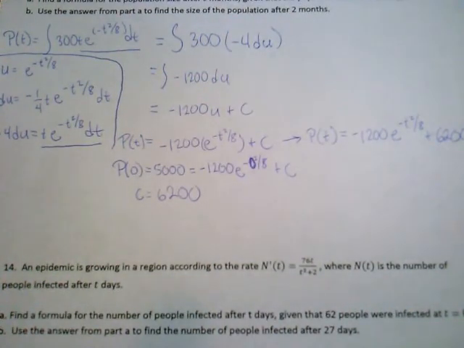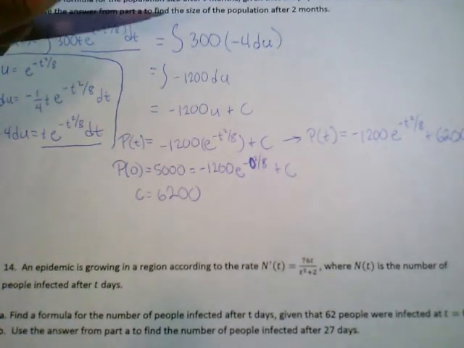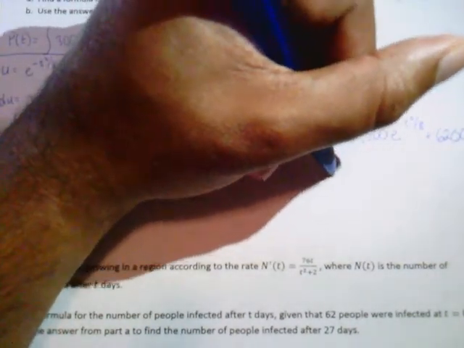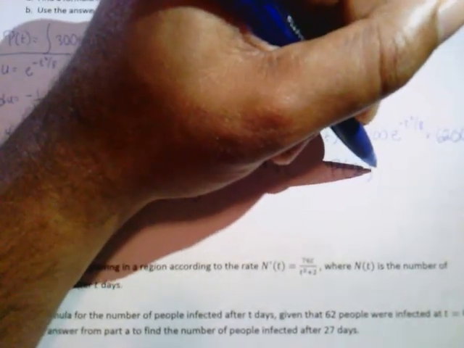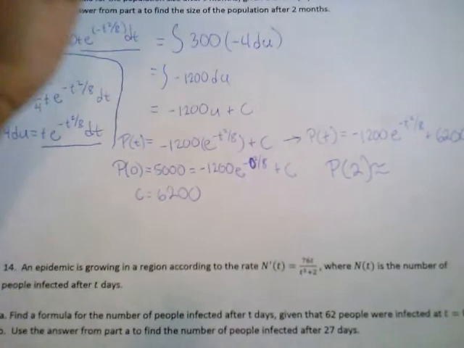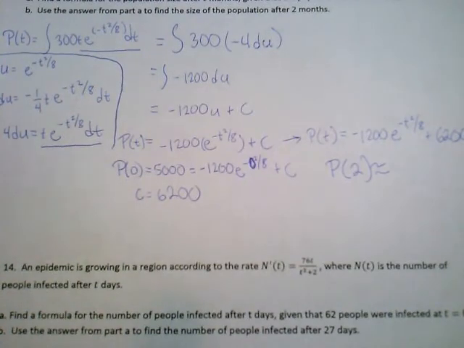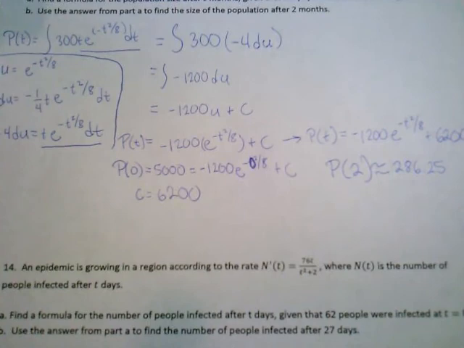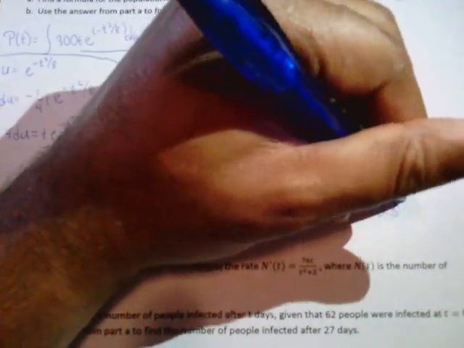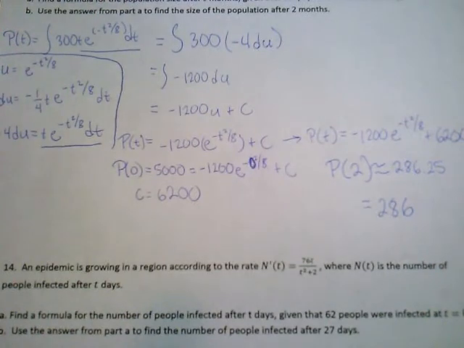So now in our next step, they ask us to use the formula to find the population after 2 months. So then we're just plugging in 2 into our equation, and that's going to leave us with approximately 286.25 when we plug it all in, and we're rounding to the nearest person in this case, so that will be 286 people.